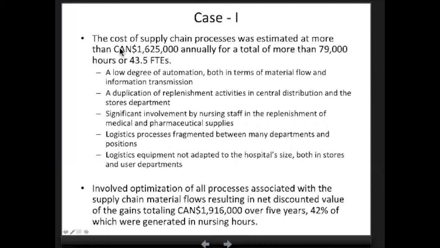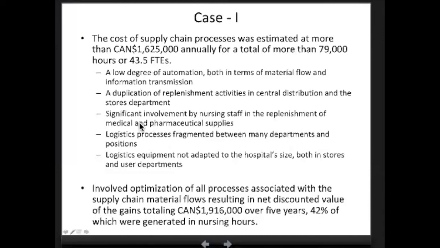The first case is one where the cost of supply chain processes was estimated at approximately 1.6 million Canadian dollars annually for a total of more than 79,000 hours, or 43.5 full-time employees. So there was that much cost being incurred, and that needed to be removed. The reason why this cost was incurred was because of low degree of automation, both in terms of material flow and information transmission, a duplication of replenishment activities in central distribution and the stores department.